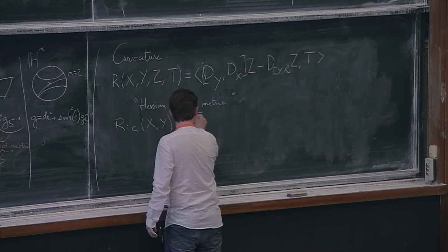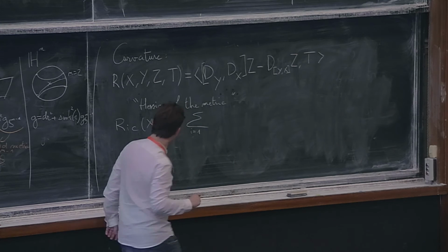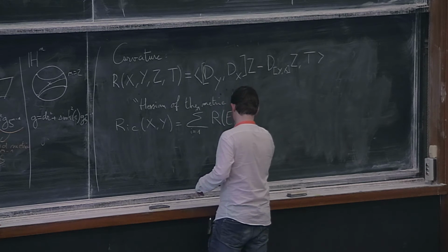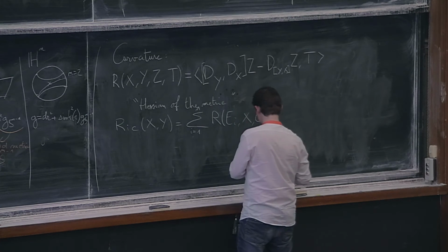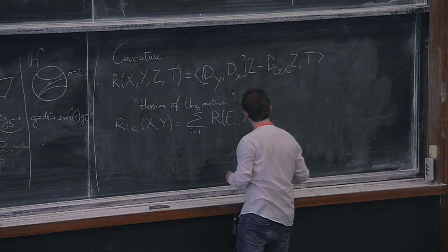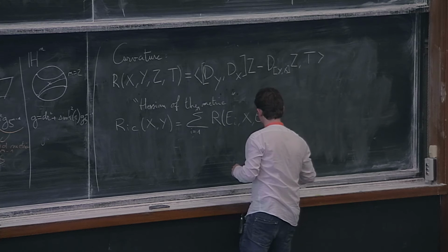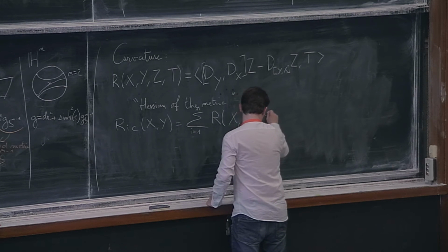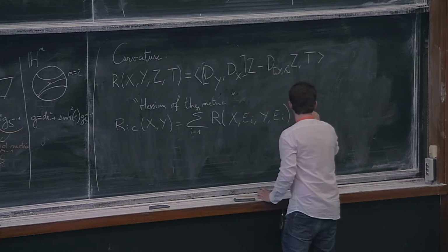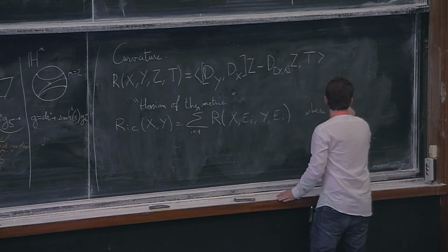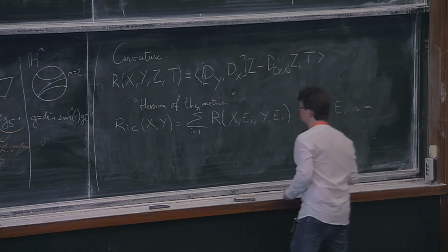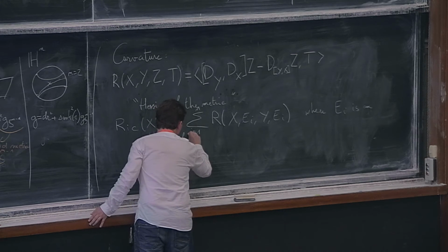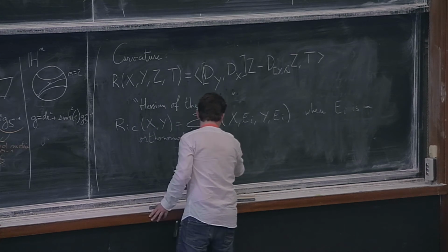So this will be equal to the sum from i equal 1 to n of R(e_i, x)... Probably the other way around: X, e_i, Y, e_i, where e_i is an orthonormal basis of the tangent space.